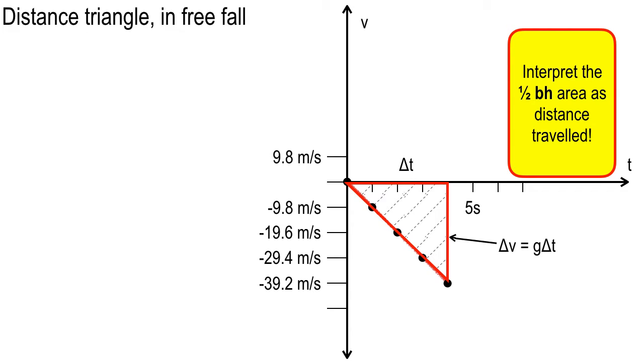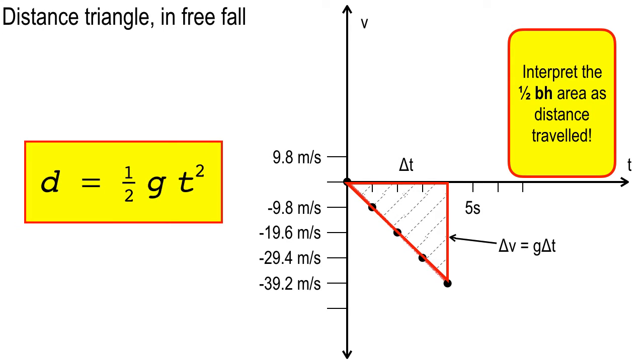To do that, we figured out the area by using 1/2 base times height, as is true for any triangle on a flat surface. The base of the triangle is delta t. The height of the triangle is g delta t, for an elapsed time of 4 seconds.